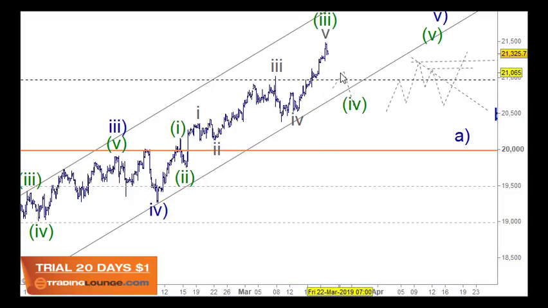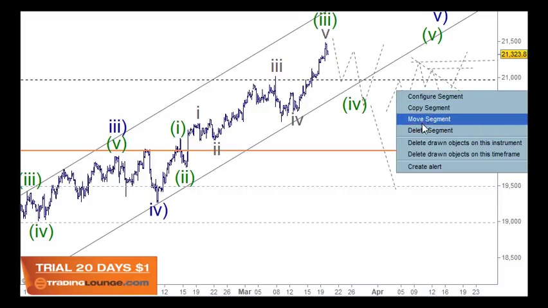So if I can just clear this up a little bit here. I need to be really clear that the move that's going to come down from here is actually a wave 4 or further down at this stage here.